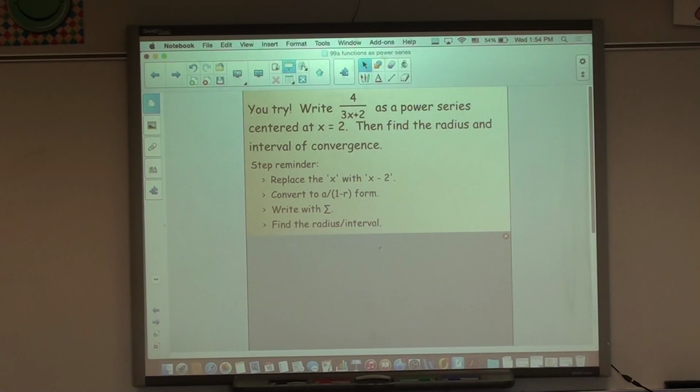Don't distribute, but think about what you want to find out. Okay, good, so you got the 8.